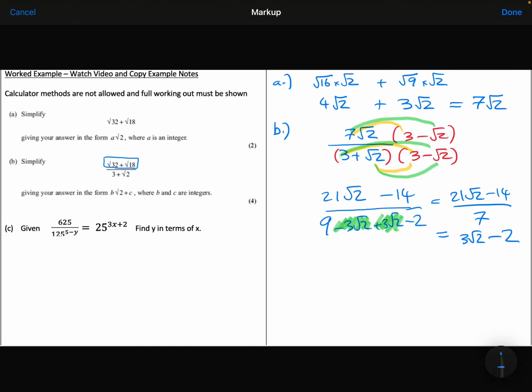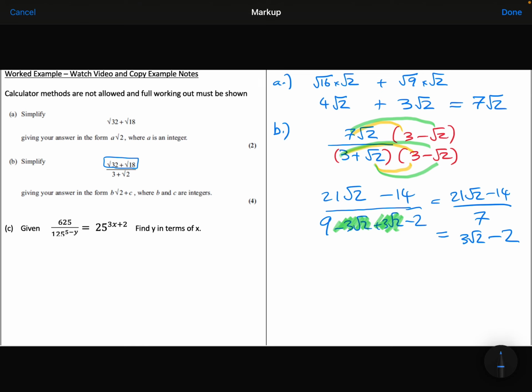Part C. Given that 625 divided by 125 to the power of 5 minus y is equal to 25 to the power of 3x plus 2, I need to find y in terms of x.